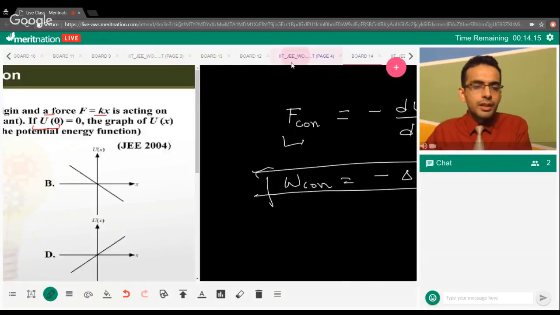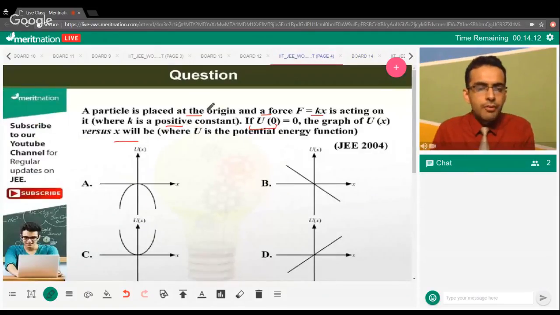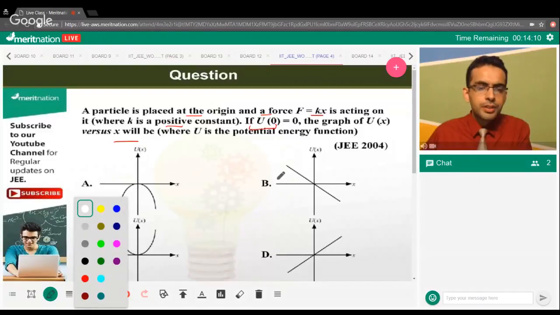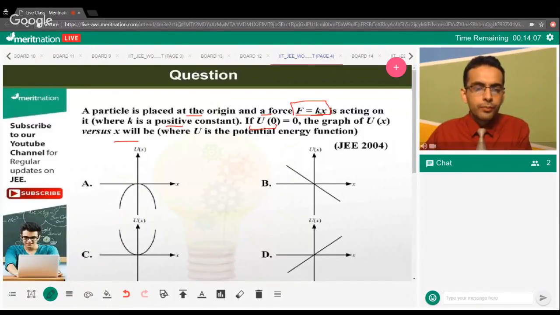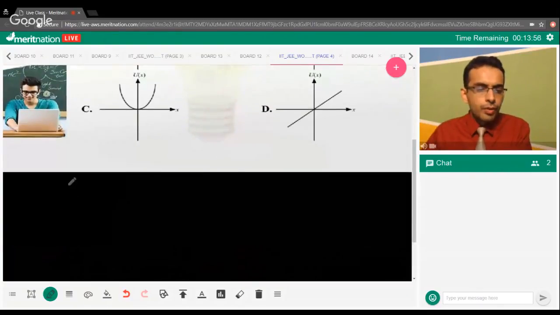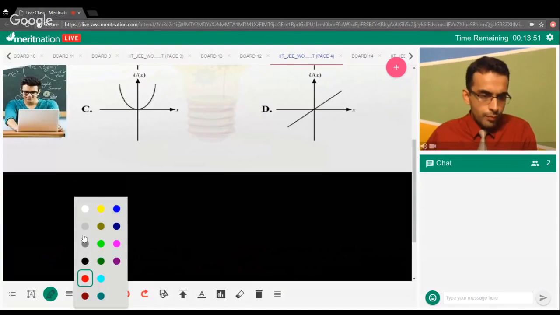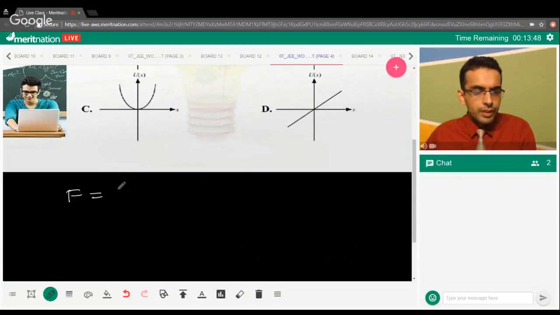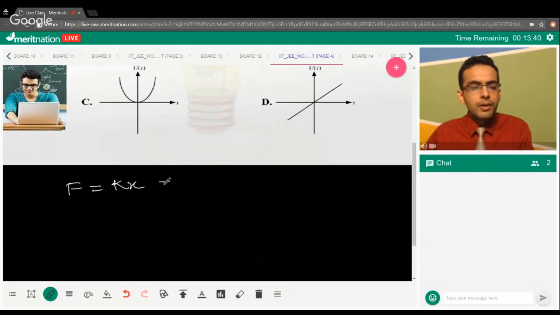Now let's see the question. It says force is given as F is equal to kx, right? This is the value of force, acting in the positive direction because k is a constant. We have to find potential energy, and F should be equal to minus dU by dx.